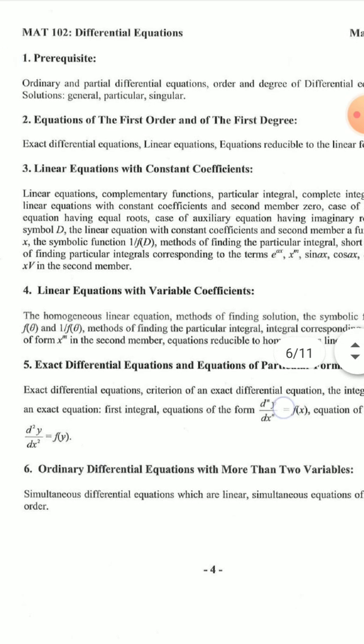In this chapter, we shall study the differential equation having order 1 and degree 1. In 12th standard, you have already studied how to solve the differential equation, how to form the differential equation, that means formation of the differential equation, then the solution of differential equation.